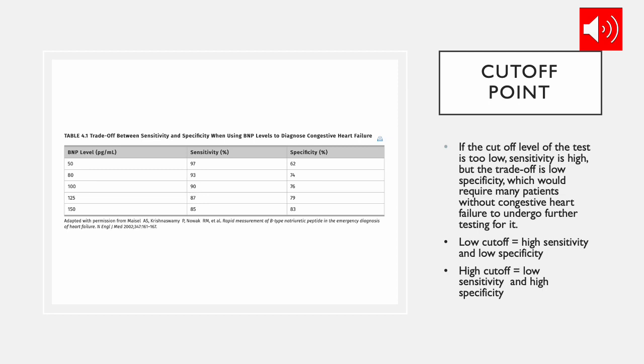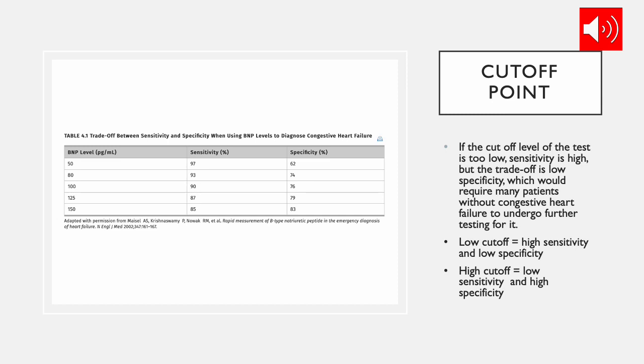Another example: if you decided to diagnose diabetes with an A1C of, say, 3, you would have very high sensitivity, but you would be including a lot of people who don't actually have diabetes, and you may end up harming them.